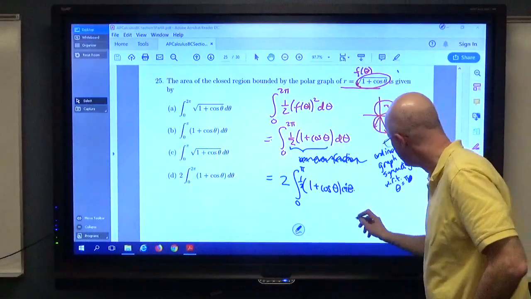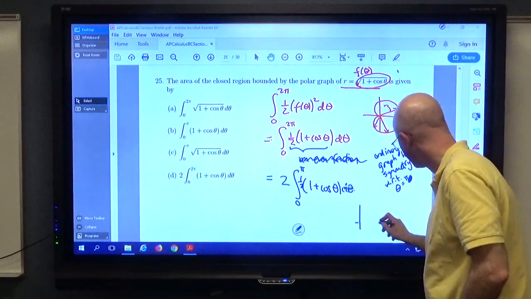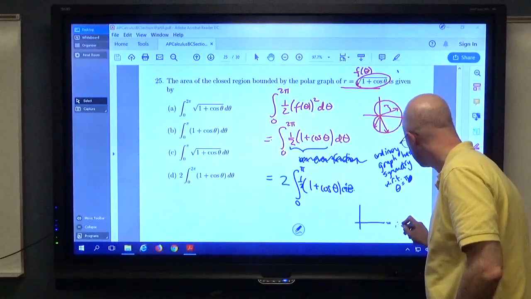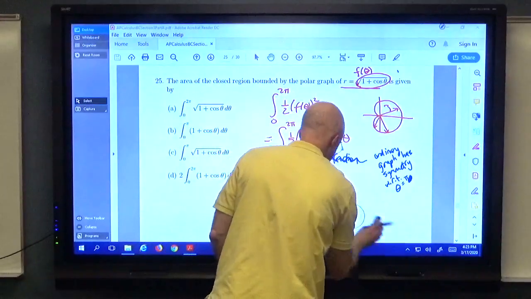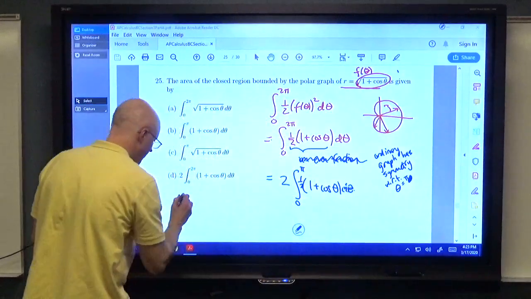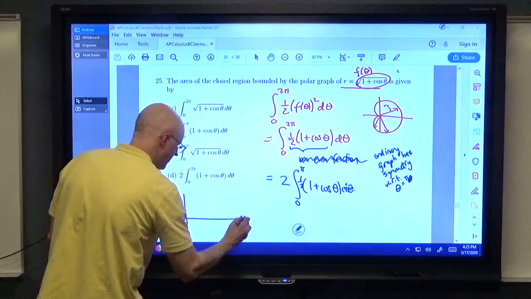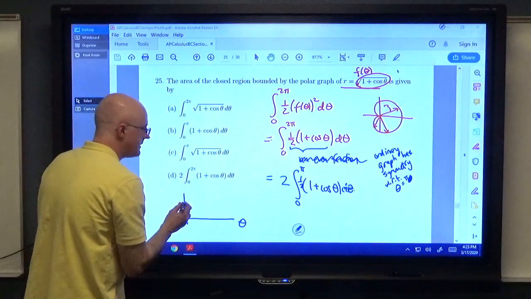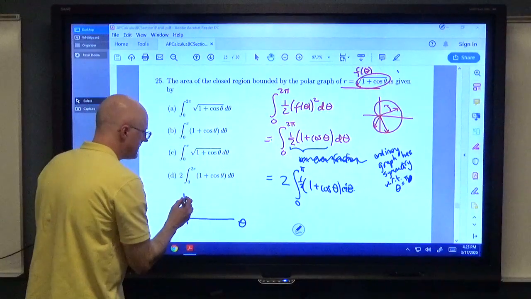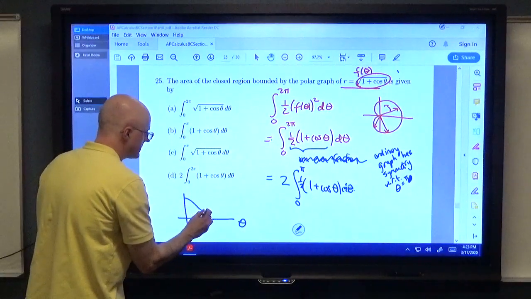If you graph the original function in an ordinary kind of way, with this being a theta axis on the horizontal axis, I mean, you have to think about it. It's going to look like this.